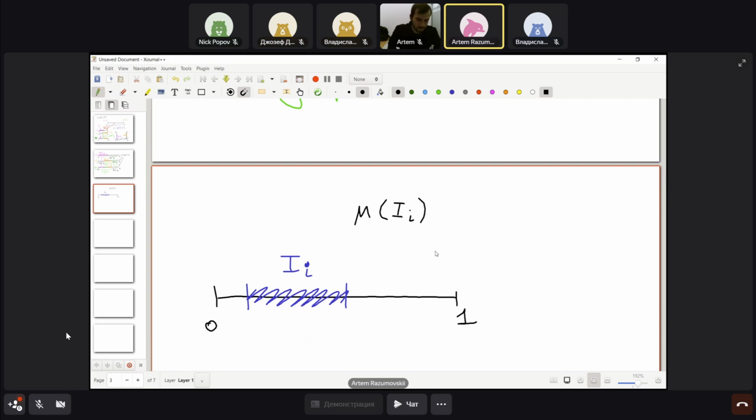A standard way to do it is to measure the ratio of the total topics, so that if I take the measure of interval 0, 1 itself, then I will receive 1.